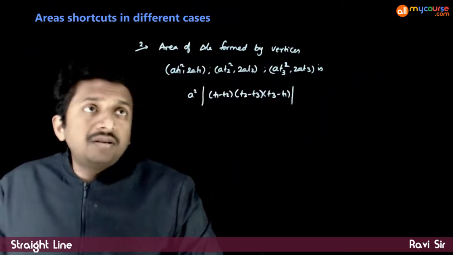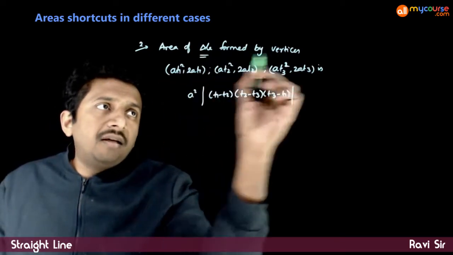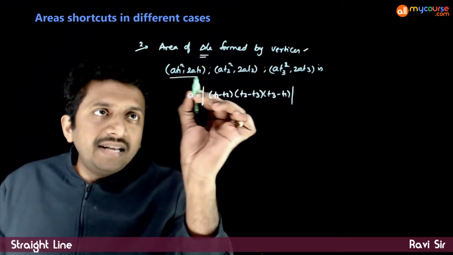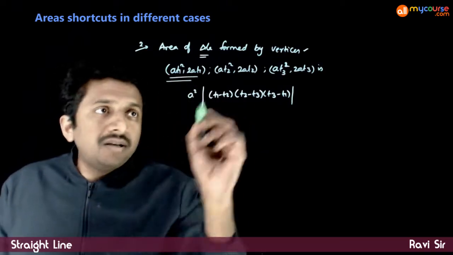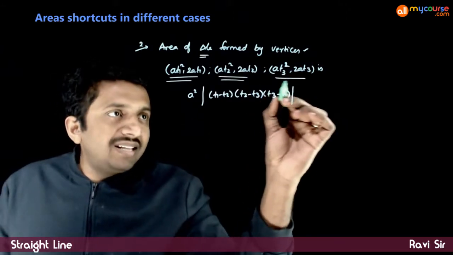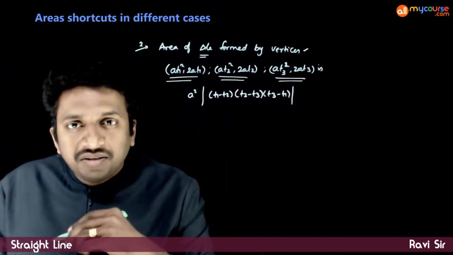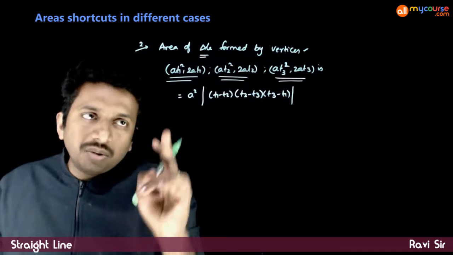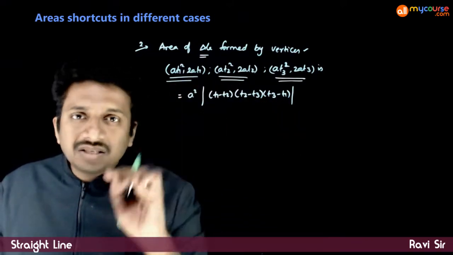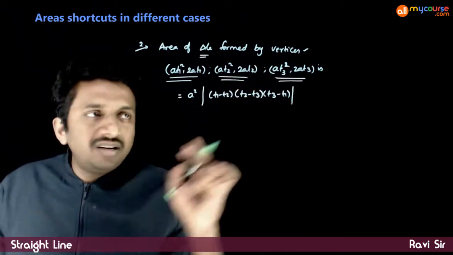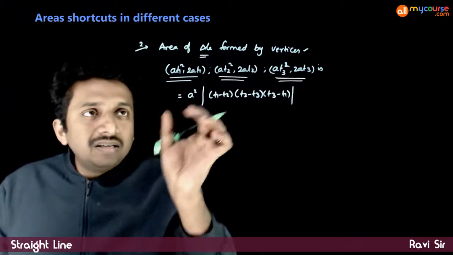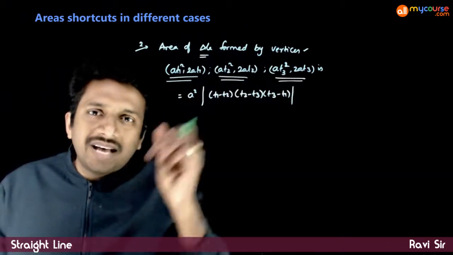The next formula is the area of the triangle formed by the vertices of the form (at1 square, 2at1), (at2 square, 2at2), (at3 square, 2at3), which is a square times the modulus of (t1 minus t2) into (t2 minus t3) into (t3 minus t1). You might be wondering what these points are.